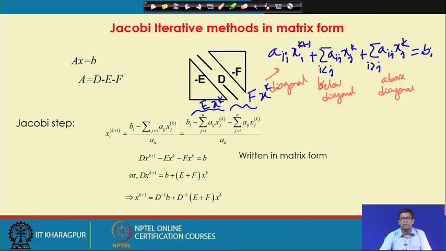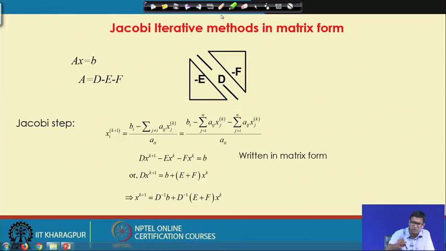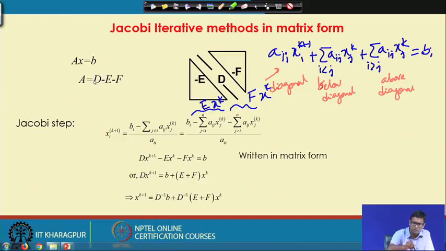So, though this is a matrix equation and we are getting the inverse of the matrix, because D is a diagonal matrix, D inverse is nothing but dividing by the term, 1 by a_ii. So, D inverse is basically a matrix where the inverses of all the diagonals are present, and this is trivial to find out.